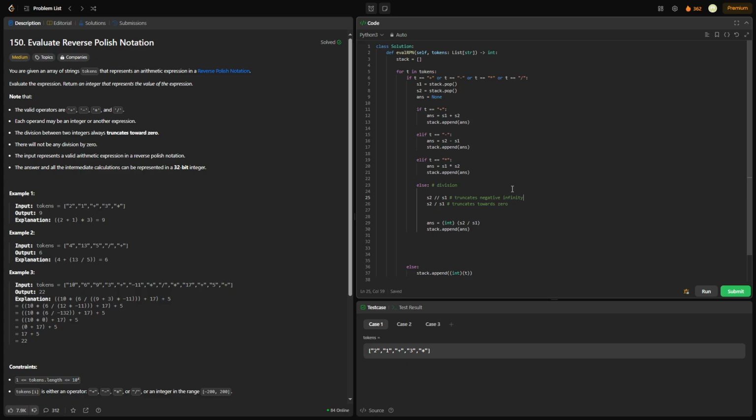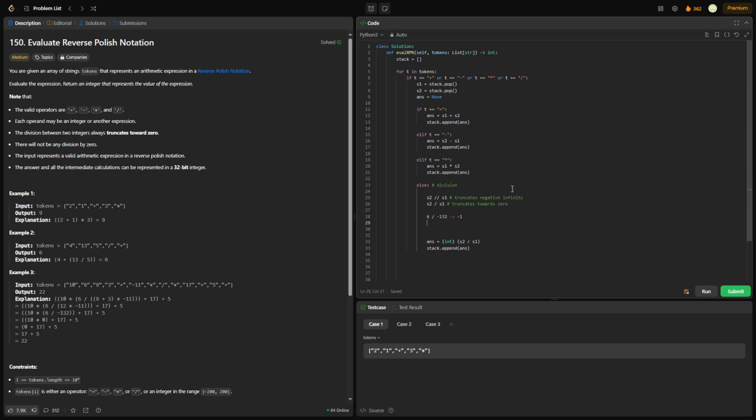For an example that I can give you, let's say we're doing 6 divided by negative 132. If we do the first version, this is actually just going to give us -1. Whereas if we do the second version, it should give us 0.